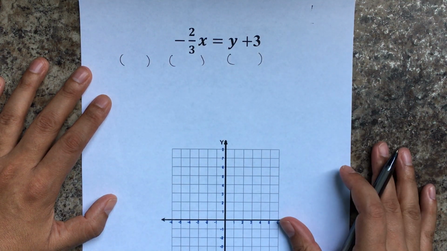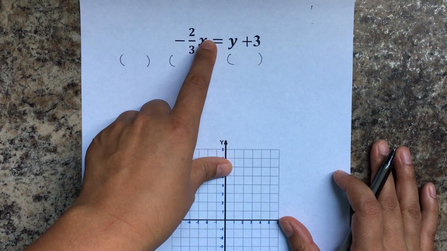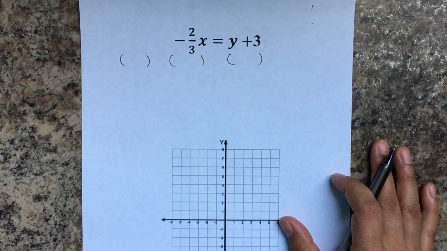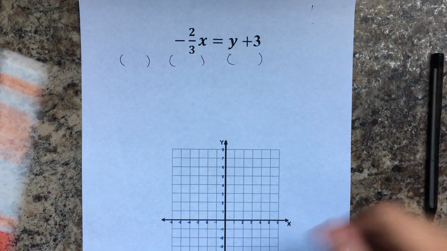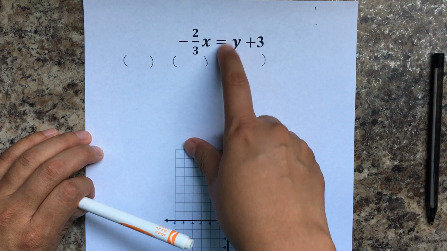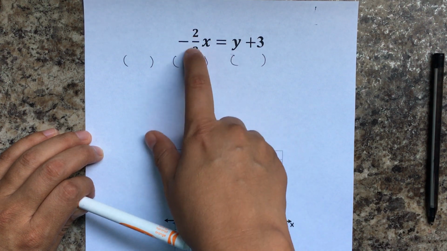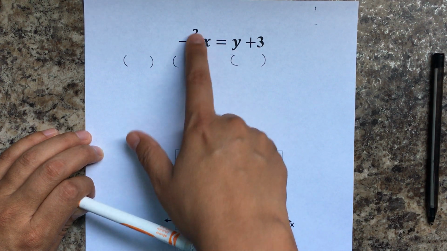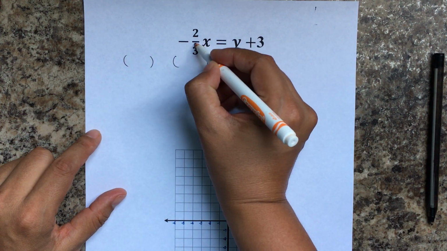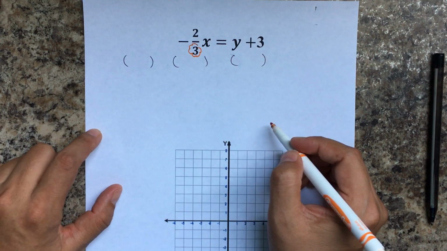Let's do 3 points. We're gonna give value to X so that we can figure out what the value of Y is. Another trick that I want to show you, when Y doesn't have a fraction, but the coefficient of X has a fraction, what I want you to do is look at the denominator.